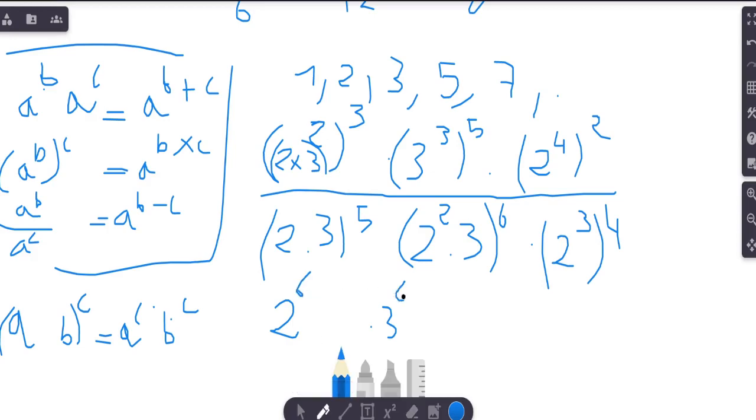So now I'm going to go faster for the other part of the computation. Here we have 3 to the 3 to the 5. Again, I can rewrite it as 3 to the 3 multiplied by 5, so 3 to the 15. And here we have 2 to the 4 times 2, so 2 to the 8.